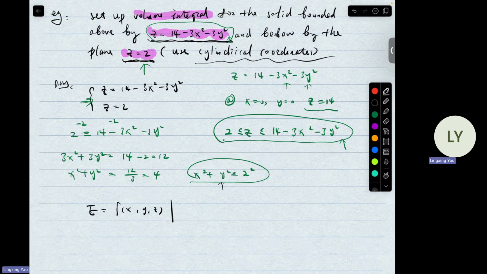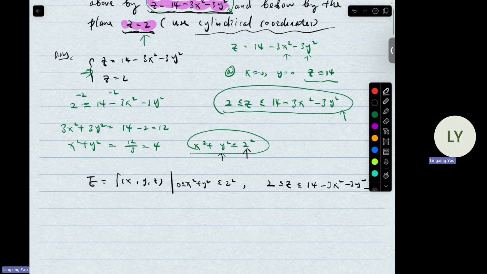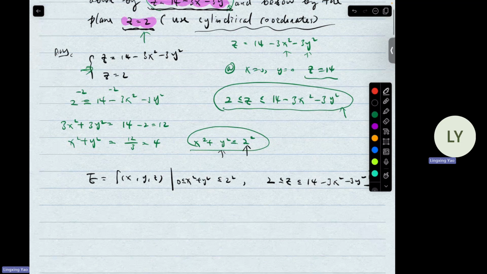So we know the x and the y have to be chosen from this disk, and with that x and y fixed, we have z to be less than 2 and bigger than 2 and less than 14 minus 3x squared minus 3y squared. Okay, so this 2 seems to coincide with the z equals 2 there. It is not. So we have to say something about that.